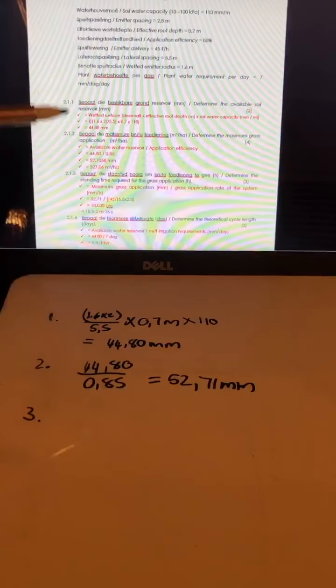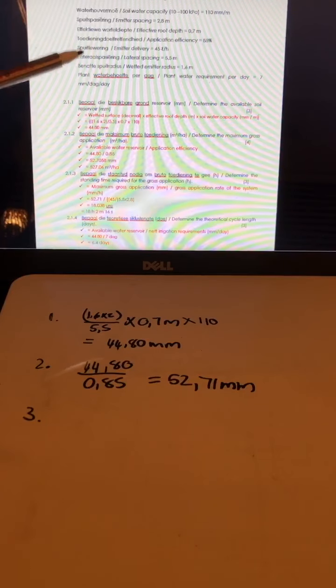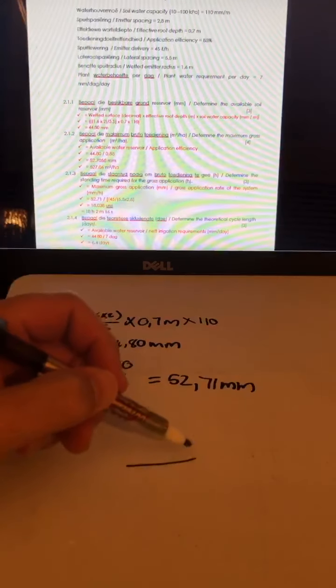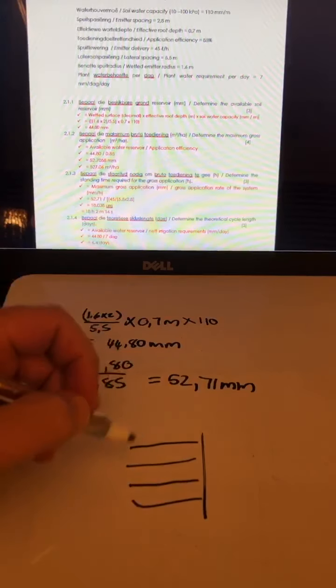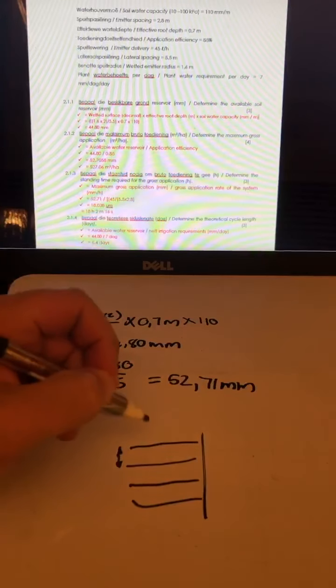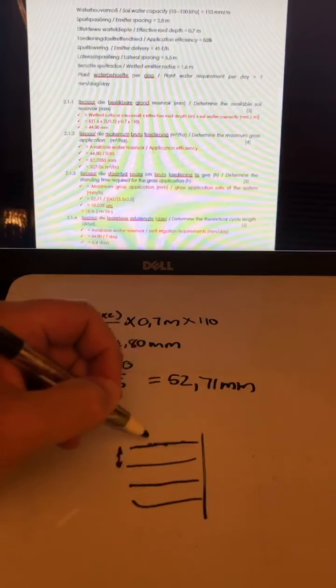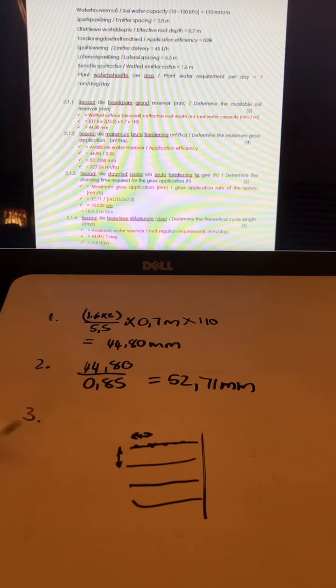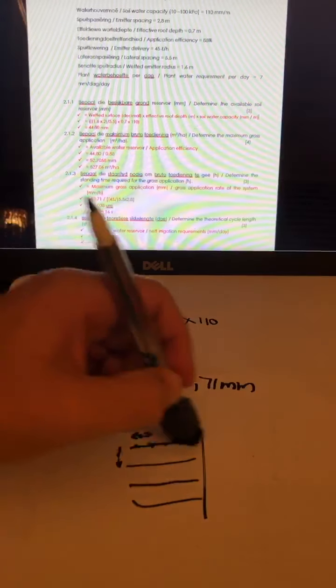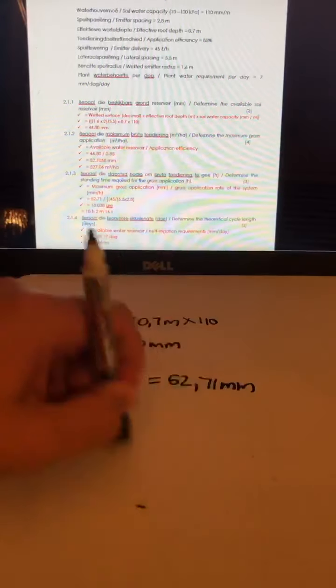Then you've got your lateral spacing as well as your emitter spacing. If this is your main line, that is how far your laterals are spaced, as well as how far the emitters are spaced. In other words, your lateral spacing and emitter spacing basically give you the whole area for your crop.